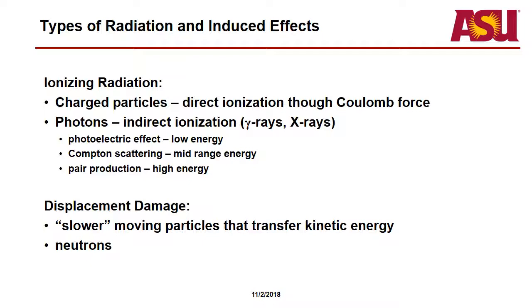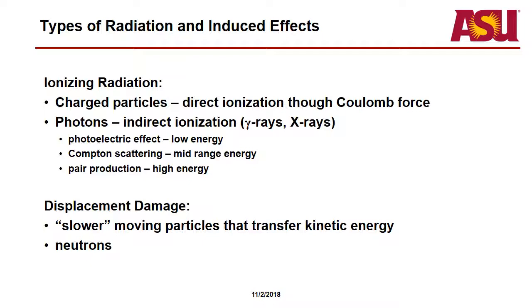And then in addition to these ranged out heavy ions, you also have neutrons. Neutrons don't interact through Coulomb forces because they don't have a charge; they're neutral. So most of their interactions are nuclear, meaning that if they're really, really high energy neutrons, they can essentially punch through the nucleus of an atom and knock out neutrons or protons, changing the actual atomic composition.